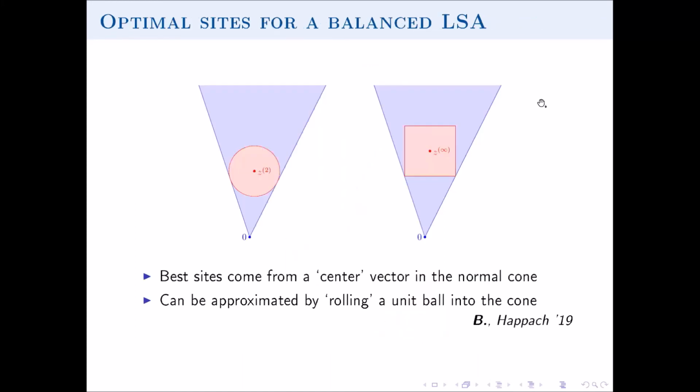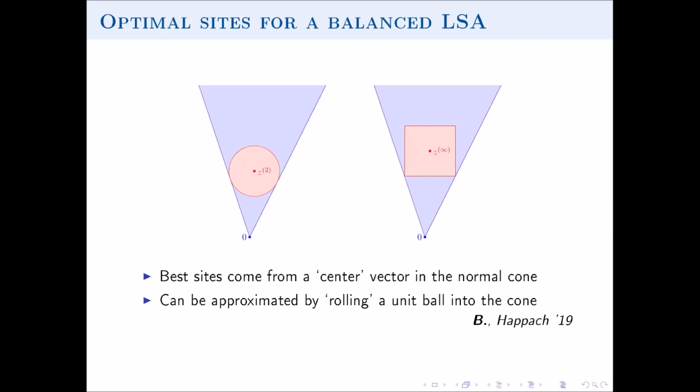Okay, so there's something more to say about these normal cones before I go to the big challenges that we're currently working on. When you know the normal cone, you can also talk about the concept of what would be the best sites for a given clustering. What one could do, for example, is take a unit ball and roll it into that normal cone.